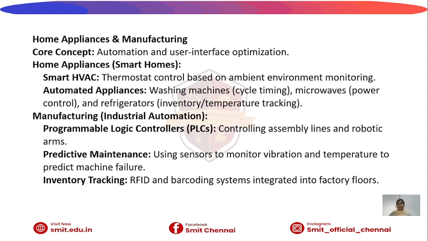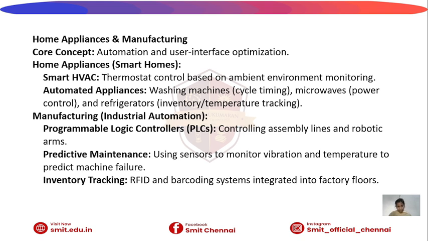Next is manufacturing, which is used in industrial automation. The programmable logic controller, PLC, is one of the applications of sensors and the DAQ system. It controls the assembly lines and robotic arms. Without a PLC we can't run any automation device, because input and output come through the PLC, which controls the logic.